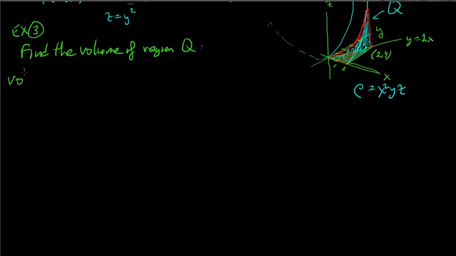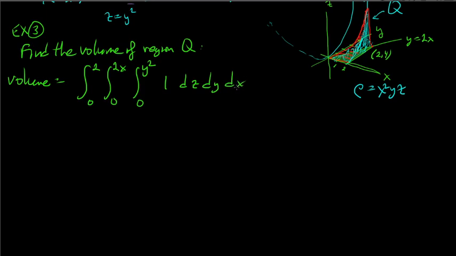So the volume will just be the triple integral from 0 to 2, and then from 0 to 2x, and then from 0 to y squared. But now we're just integrating 1 dz dy dx, same order of integration. Right? So when you do the first integral, when you integrate 1, you just get z, evaluated between 0 and y squared.